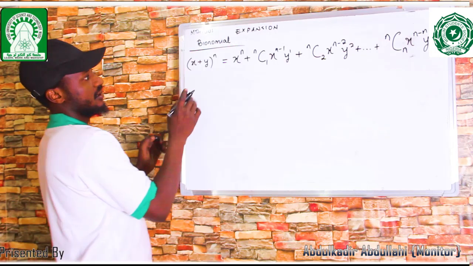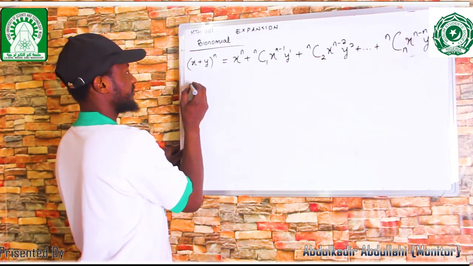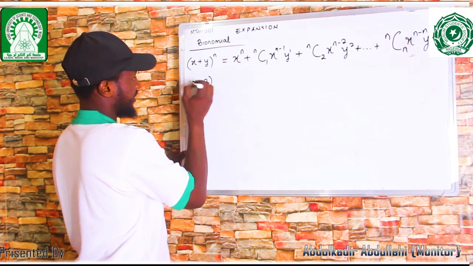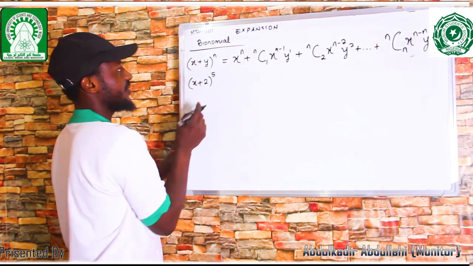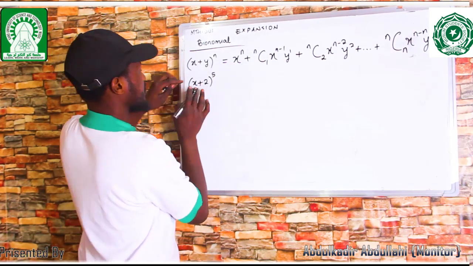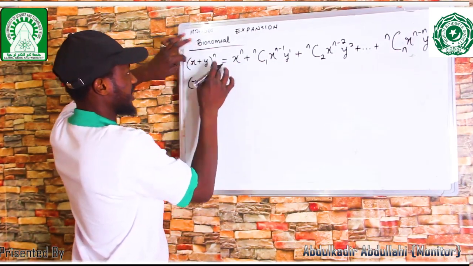So now let's use the example we have, which is (x plus 2) power 5, to see whether we are going to have the same result using the binomial theorem. Assuming our x is x, y is 2, and n is 5.